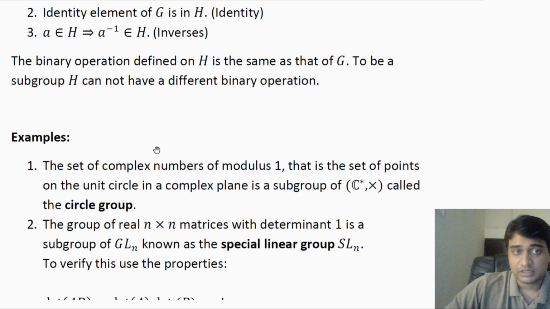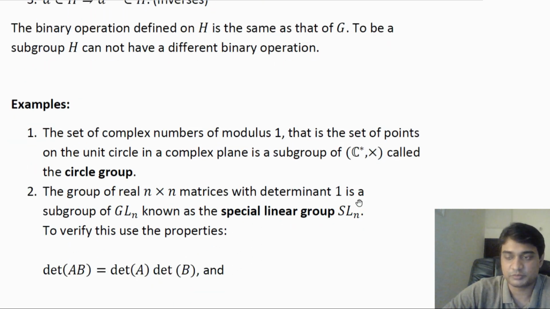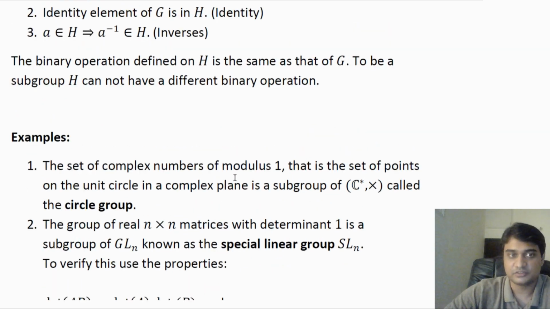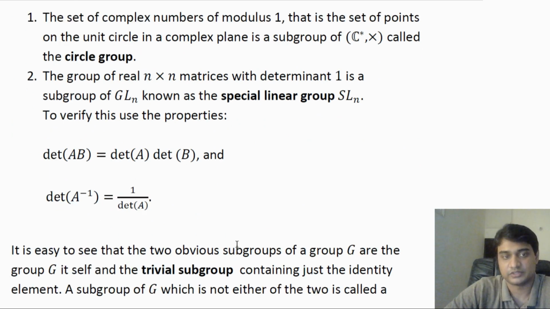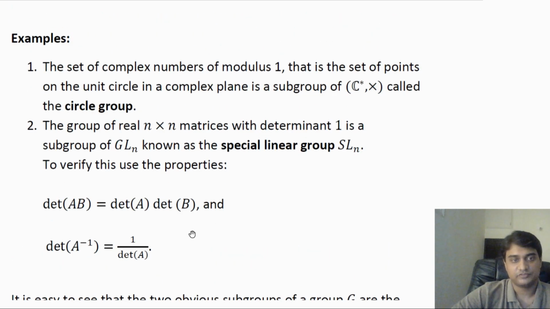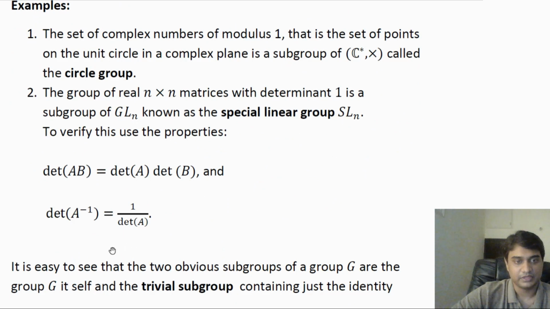And for A inverse to also be in this set, it has to satisfy the property that it has determinant 1. So if A has determinant 1, does its inverse also have determinant 1? The answer is yes, by the second property: the determinant of A inverse equals 1 over determinant of A. So if a matrix A has determinant 1, its inverse, which is also contained in the set, has determinant 1.